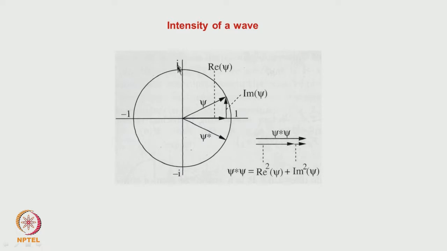The y axis plane is the imaginary plane when we consider it. So this is what gives that intensity. Irrespective of the orientation of the wave in the complex plane, the intensity does not depend on that, correct.